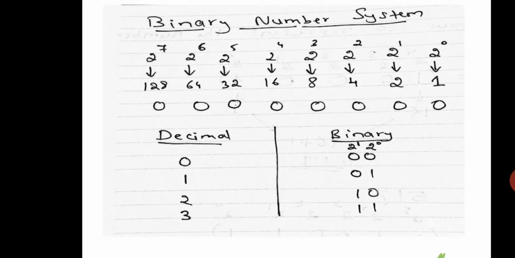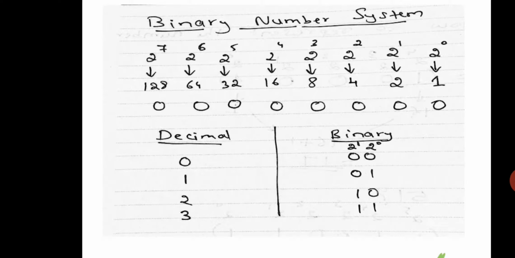Now, how to represent decimal number 2 in binary? How are you going to do that? You are going to represent 2 by putting 1 below your 2 to the power 1. Why is it like that? You can see the above example. 2 to the power 1 is 2. 2 to the power 0 is 1.